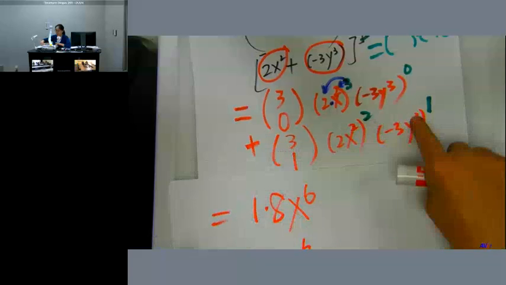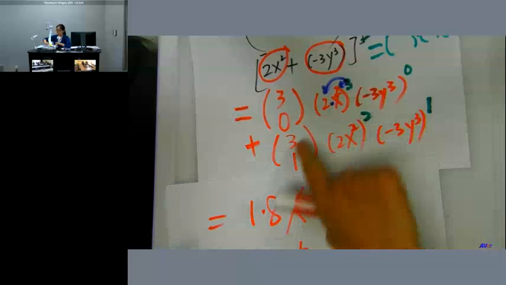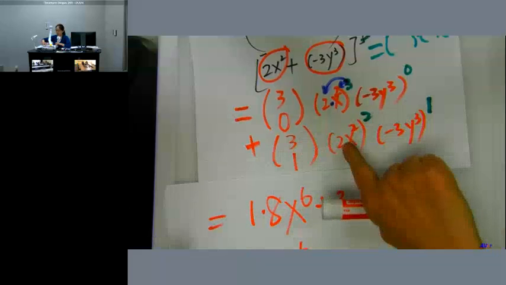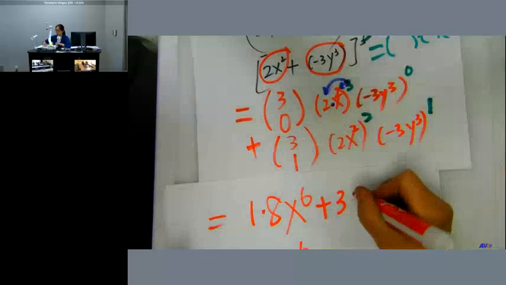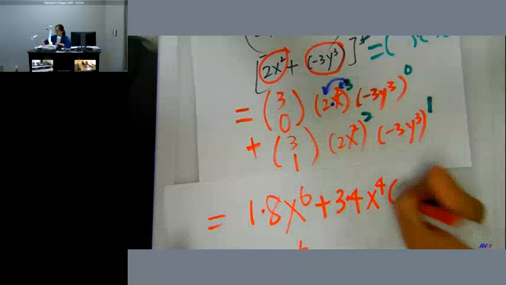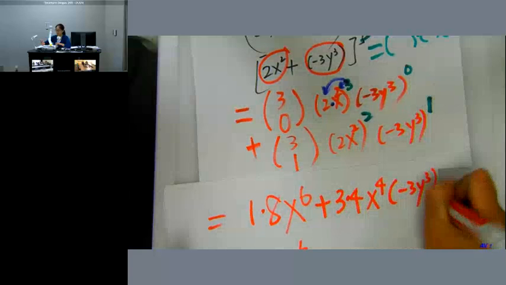Now, I'm going to work out another one. You can do the other two. 3 choose 1 is equal to 3. And 2x squared, squared, is going to be 4 times, 4x to the 4th. Negative 3y to the third raised to the first. It's going to be negative 3y cubed.